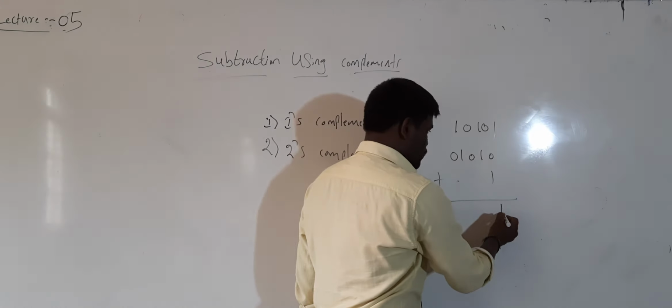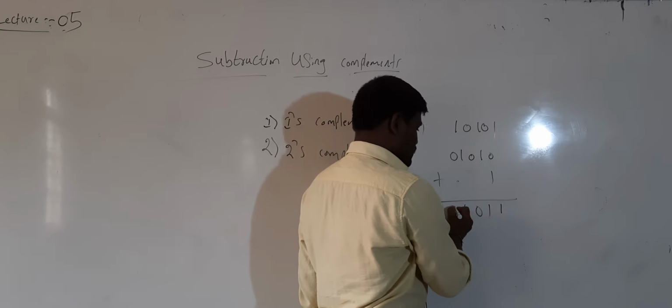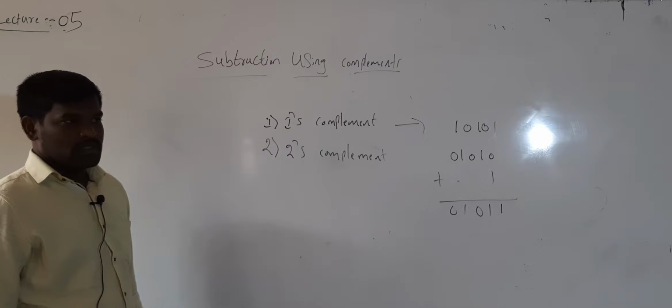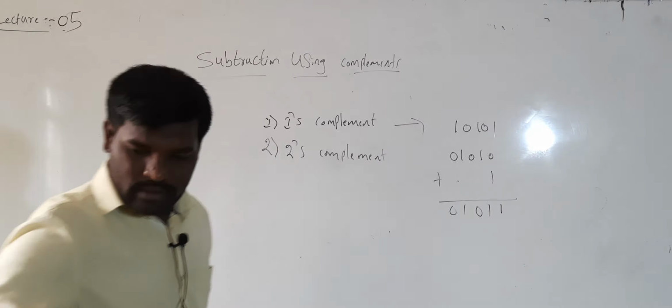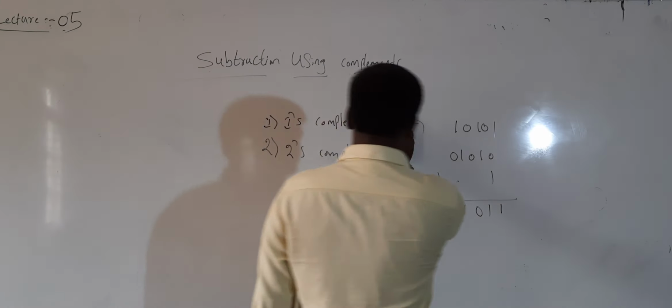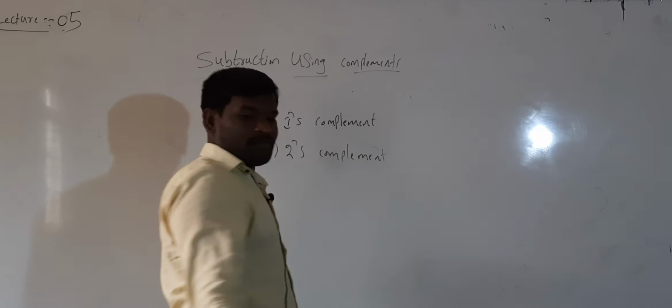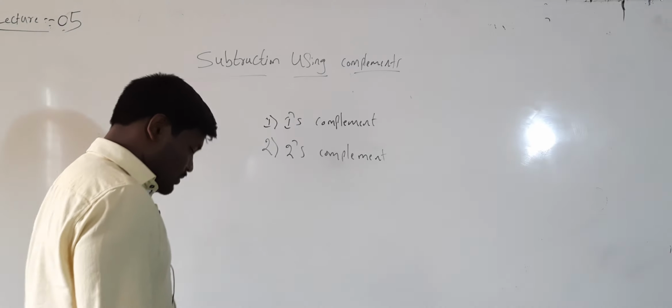That is 0 1 0 1 1. This is the method for converting from a normal binary number to ones complement and two's complement.